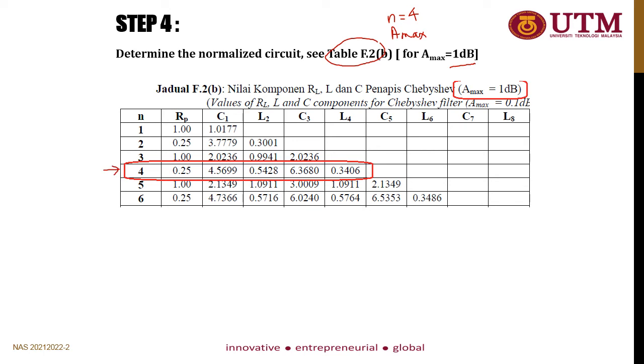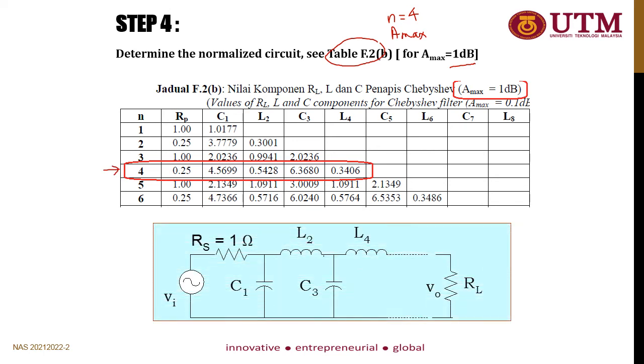So see how many components you have in your circuit. So your source, and then you have up to L4. So C1, L2, C3, and L4. Don't forget to write down the values inside your circuit.